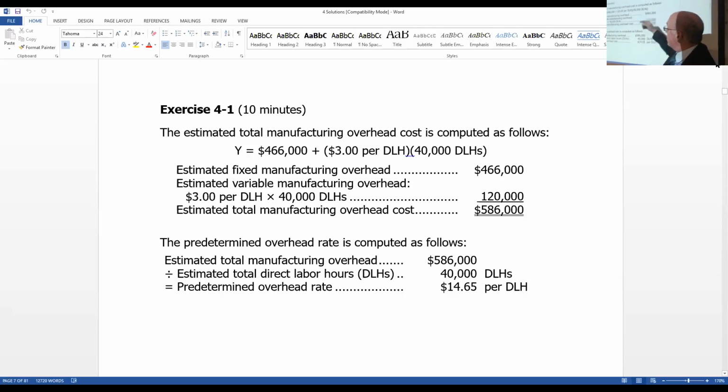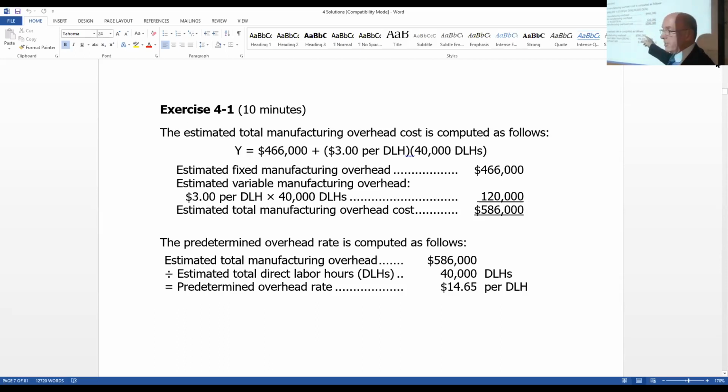So we have to use the 40,000. So the estimated fixed overhead that was given, 466,000, and then 40,000 direct labor hours at $3 each would be another 120,000. So they think that their overhead cost is going to be 586,000. That's the applied number. Again, applied means estimated. So the estimated total manufacturing overhead cost is 586,000.